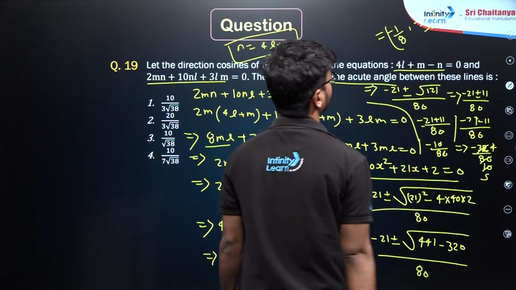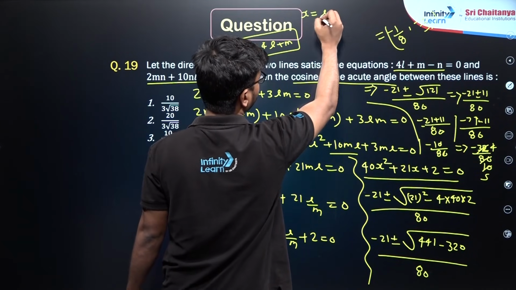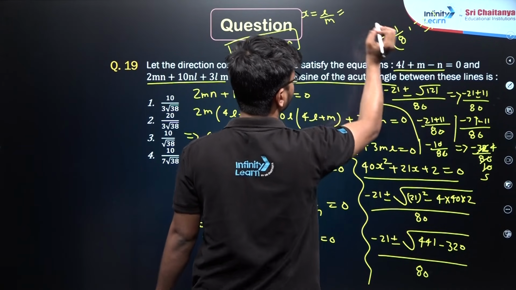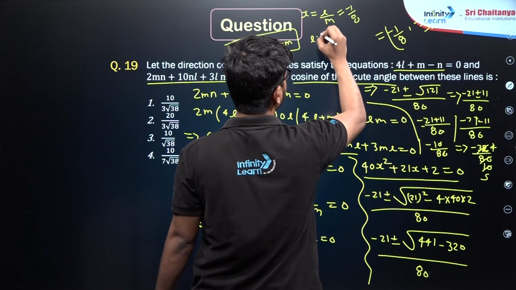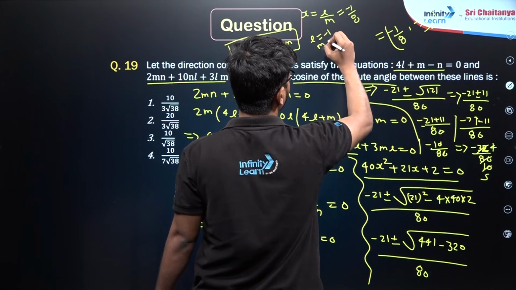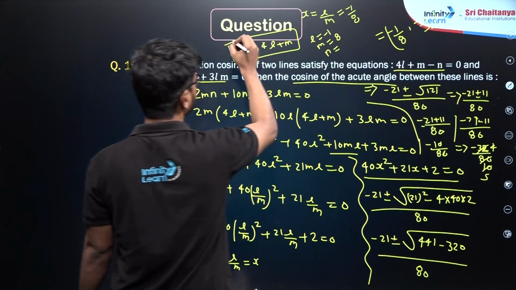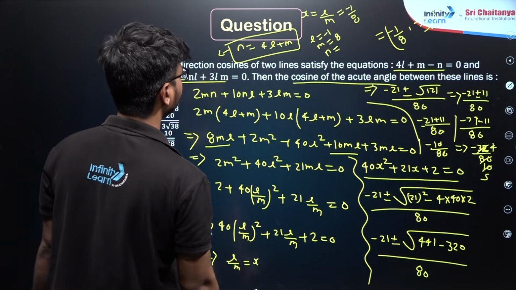This is the value of x we are getting, and x is nothing but L by m. So L by m I am getting minus of 1 by 8. So from here I can write L as minus 1, m as 8, correct? So n I can find by this relation, correct? So the value of L is minus 1, correct?